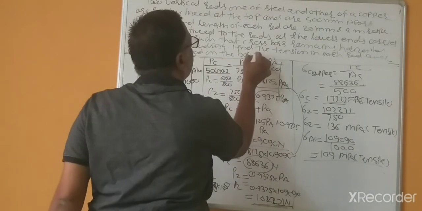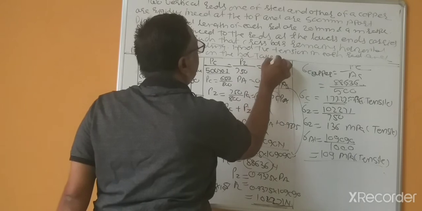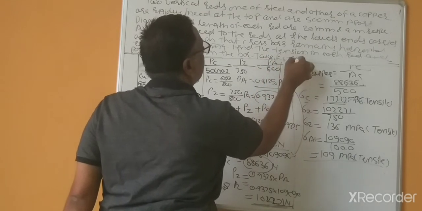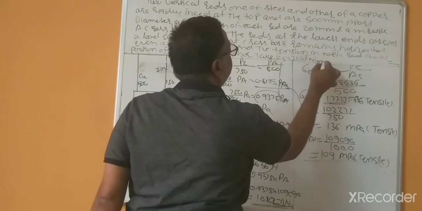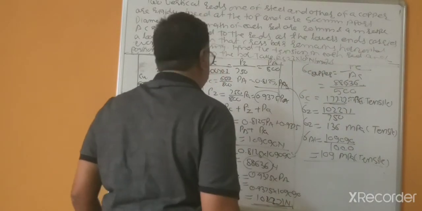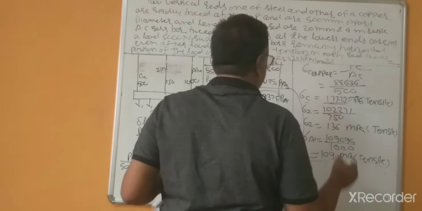Take ES as 2 into 10 to the power 5 and EC.